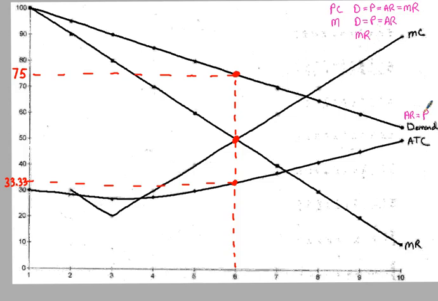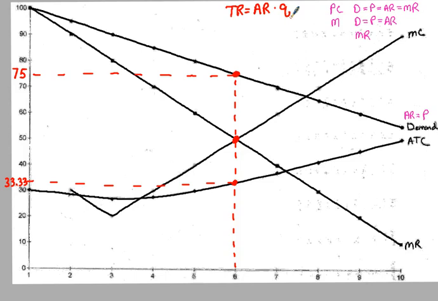So let's find the different areas on our graph. We know that if we take the average revenue, which is 75, and multiply it by the level of output, that will give us the total revenue. So total revenue is equal to the average revenue, or the price, times quantity, the level of output.